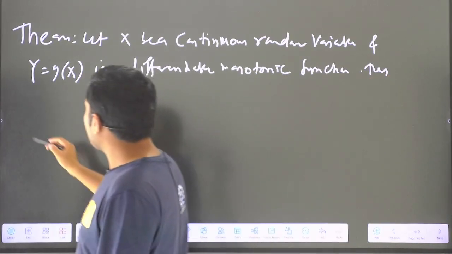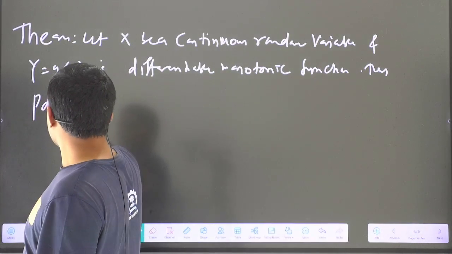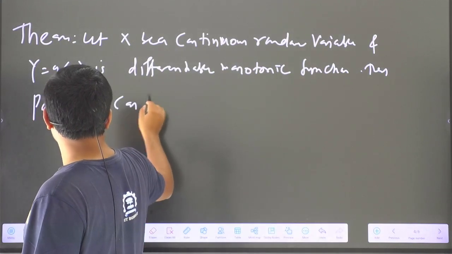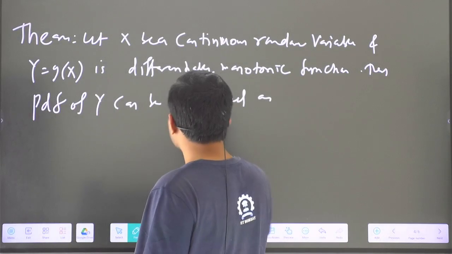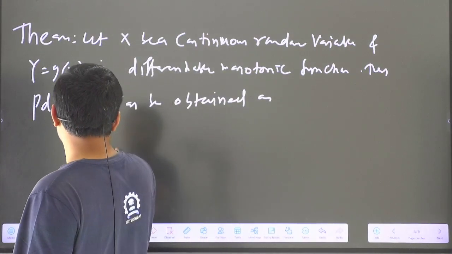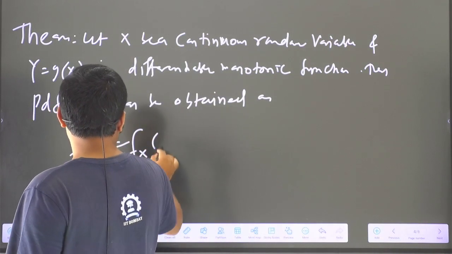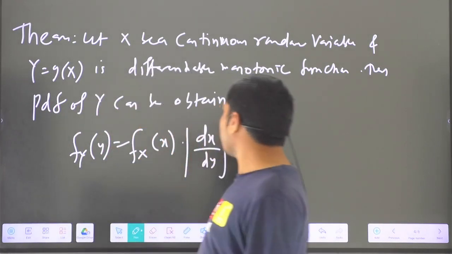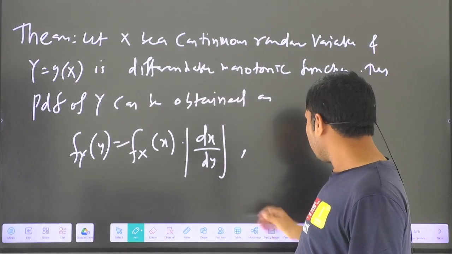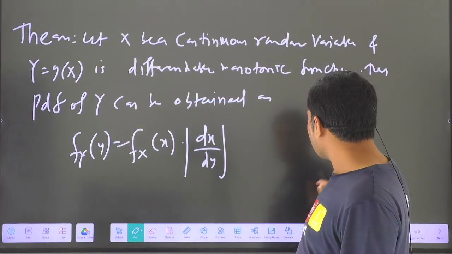Then the PDF of y can be obtained as f_Y(y) is equal to the PDF of x into |dx/dy|. So this is a formula.